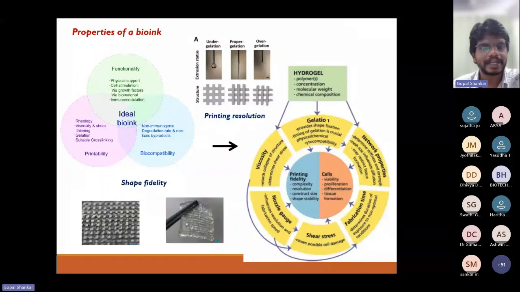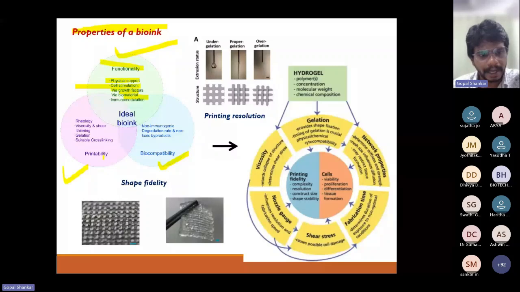The properties of an ideal biomaterial is that it should have three essential properties. One is functionality, another is printability, and the other is biocompatibility. So what is all this? Functionality is basically that it should have the physical support to enhance cell stimulation via growth factors and biomaterial modulation. Printability is that they should exhibit some properties called shear thinning properties.